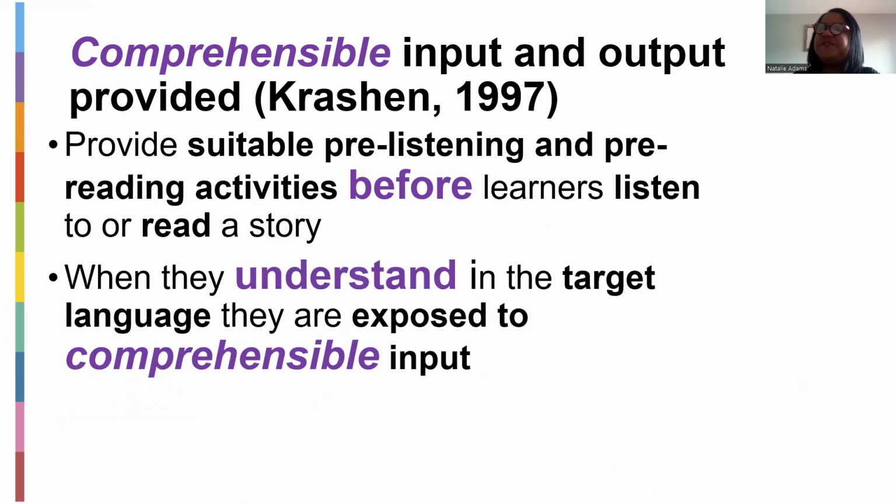There must be those activities, because if there are no activities like that, you wouldn't know what your learners know. Remember, we always say that learners do not come into the classroom with nothing. They have an idea of certain things, and you need to test what they know. When they understand the target language, they are exposed to comprehensible input. So what does that mean?